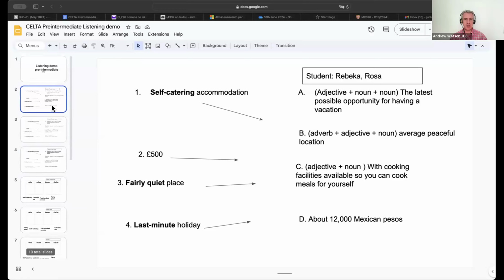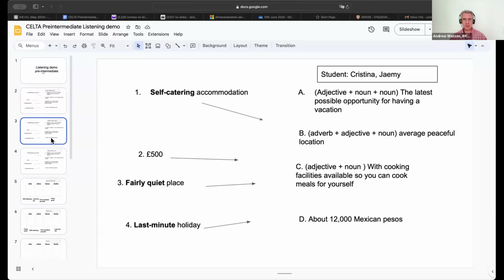Slide 2 is Rebecca and Rosa. Slide 3 is Christina and Jamie. Slide 4 is Tadeo and Lucy. All right, so I'd like you to work together. Now, if your partner's not there, you're going to have to work alone. I'm going to give you the link to the slide here. Coming into the chat now.